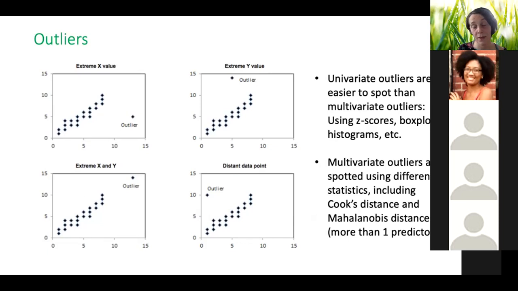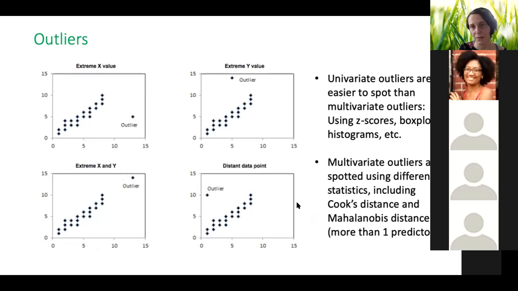As I said, we can use either scatter plots, box plots, or histograms to spot univariate outliers. It could be an extreme X value, one that is far away from the other X values, an extreme Y value, extreme Y and X, or a distant data point, one that has a really large residual.